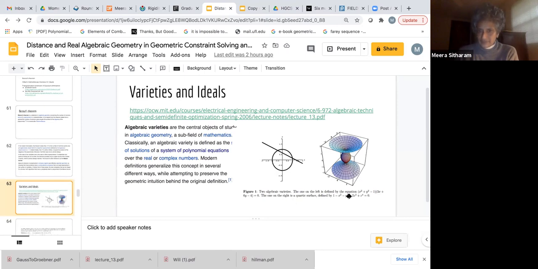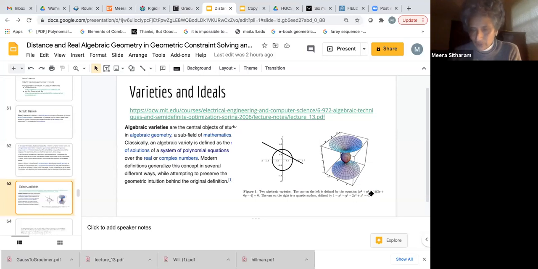On the left is the variety defined by the equation (x squared plus y squared minus 1) times (3x plus 6y minus 4) equals 0. Taking the product of two polynomials and setting it equal to 0 is the same as saying that at least one of the two polynomials has to be 0.